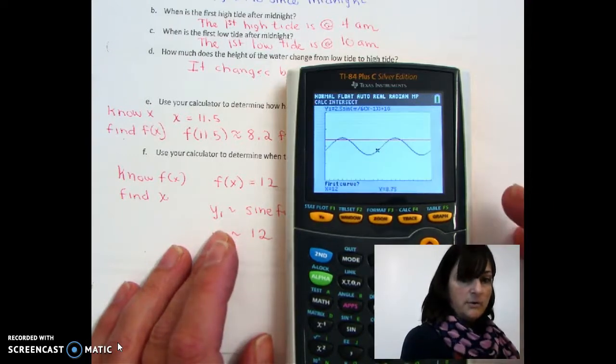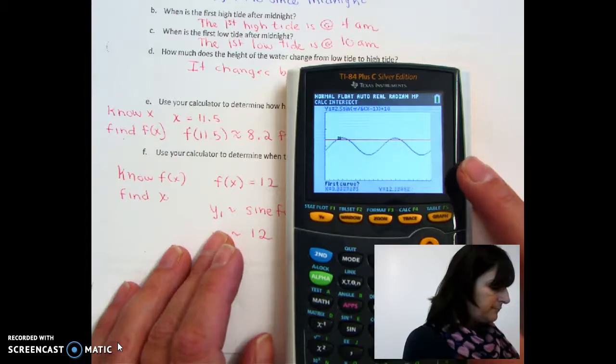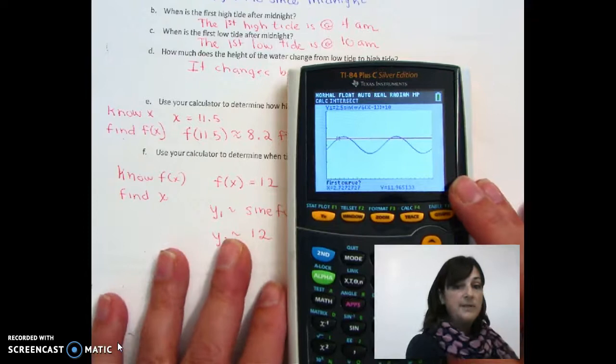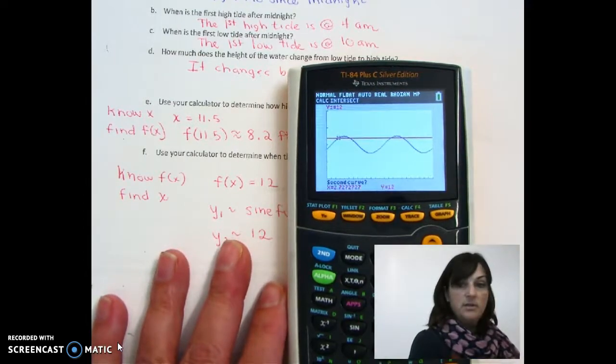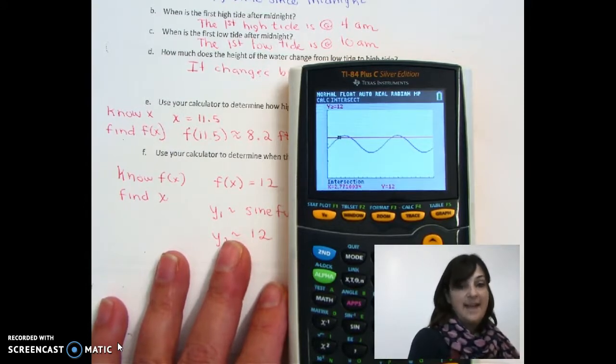So the keystrokes that you use on your calculator to find the intersection points is you arrow over until you're close to one of them. And then you're actually going to press the enter button 3 times. Here we go. 1, 2, 3. The third time you press the enter button, it makes a guess as to what you think the intersection point is.